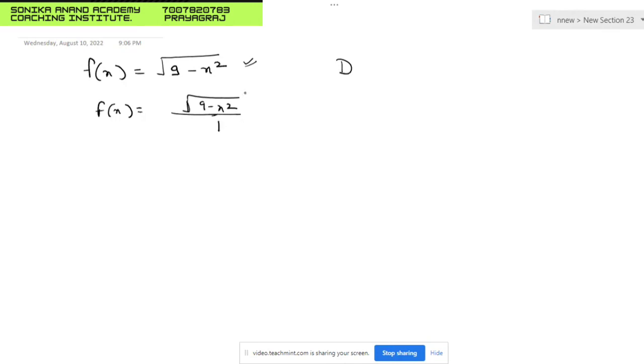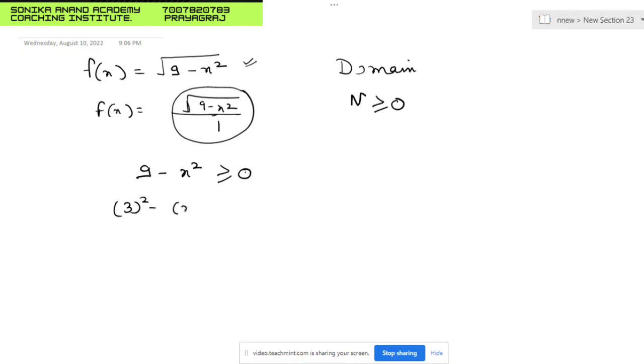In order to find the domain, we make the expression greater than or equal to 0. So 9 minus x square must be greater than or equal to 0, that is, 3 square minus x square greater than or equal to 0.